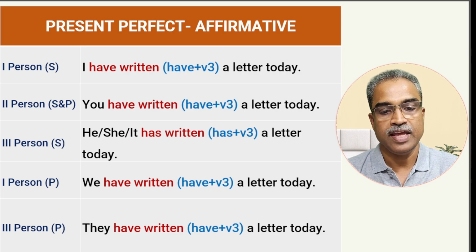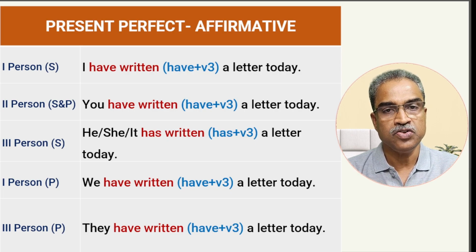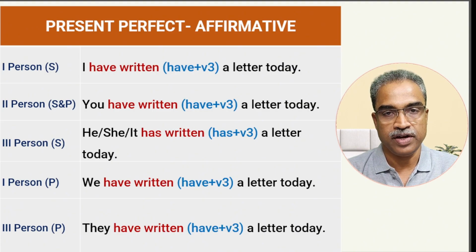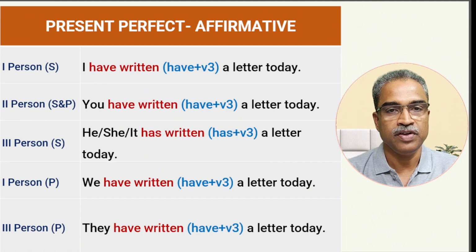So it will be, he has written a letter, she has written a letter, my father has written a letter, her teacher has written a letter. So any noun or pronoun, if it is third person singular, then we need to use has. Then we have written a letter today, first person plural, and third person plural, they have written a letter today.